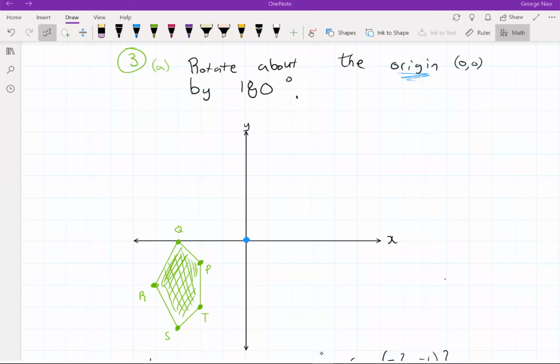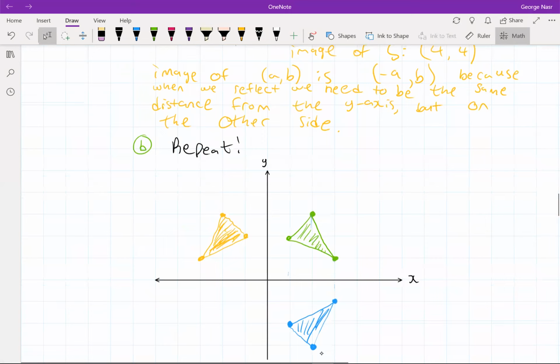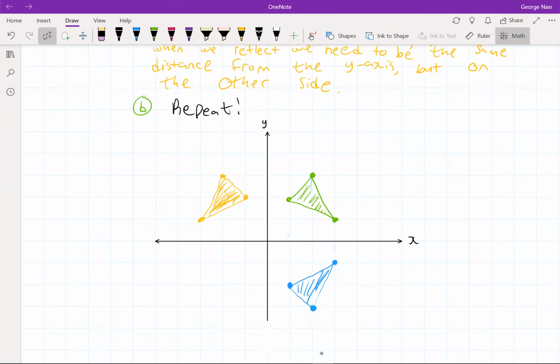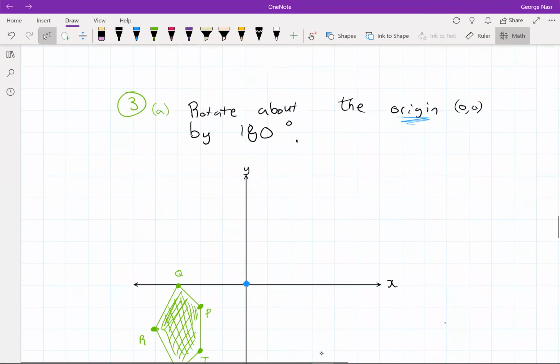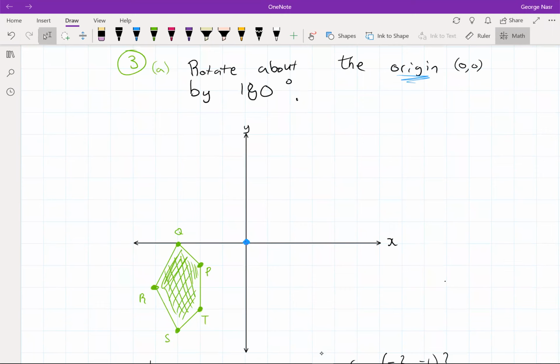Just to recap, I will fix this later if it's not correct, but here is the answer for this one. I think I might have just accidentally hit the stop sharing button. It looks like we're still recording, so that's good.